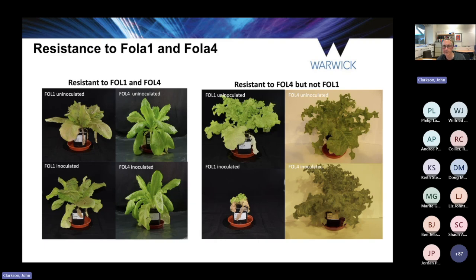On the right-hand side, you can clearly see a race 1 inoculated plant that isn't resistant compared to the uninoculated, and a race 4 inoculated and uninoculated. So we do see some strong levels of resistance in this germplasm.